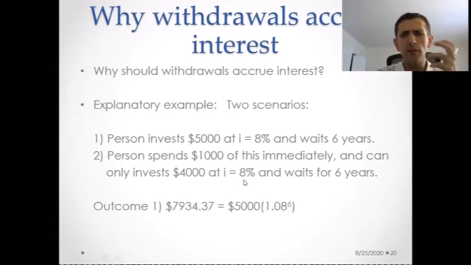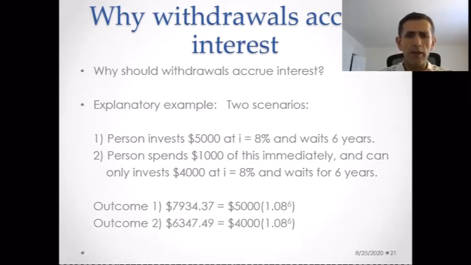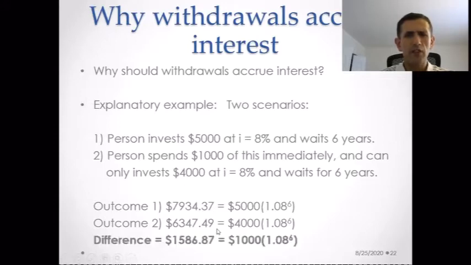In the first outcome, you have roughly $7,934.37, and of course, it's just 5,000 times 1.08 to the sixth, nothing very subtle there. And the second outcome is 4,000 times 1.08 to the sixth. That's $6,347.49. So the difference is most emphatically not $1,000.